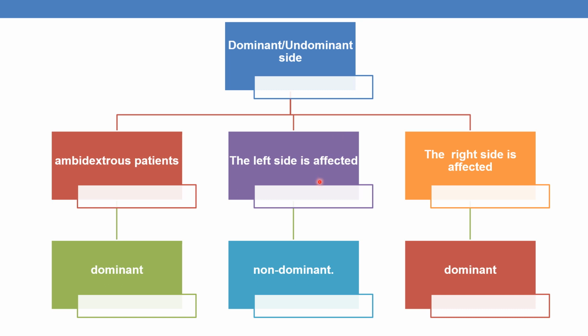For ambidextrous patients, because they use two hands with equal dexterity, you have to code only dominant, whether it is right or left.